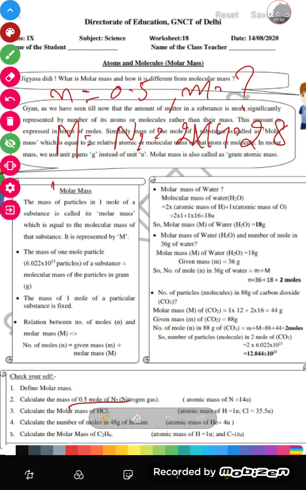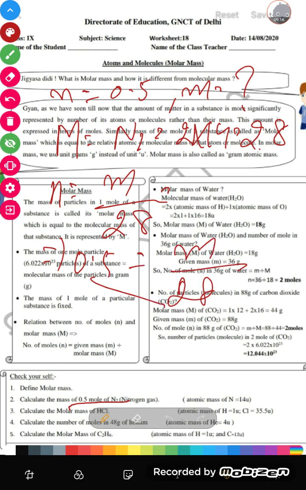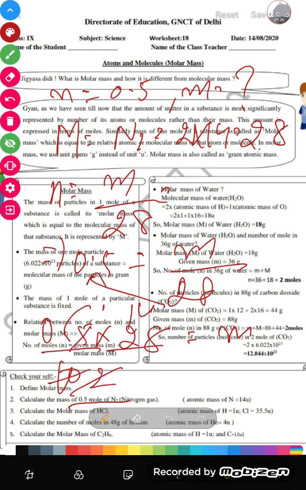Now n is equal to m upon 28, so 0.5 is equal to m upon 28. It gets multiplied, so it is equal to m. 5 ones are 5, 5 twos are 10, 14. m we have is 14 gram, right?